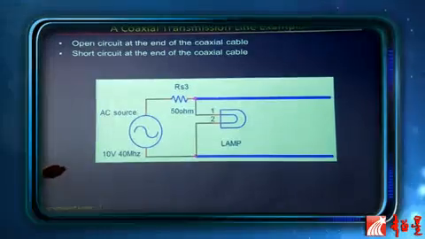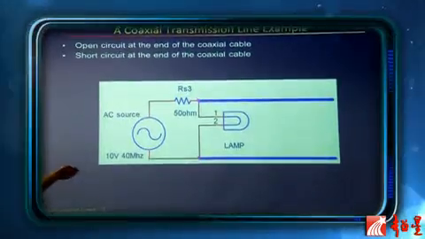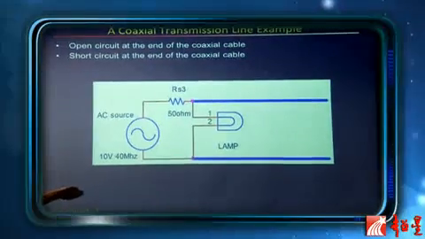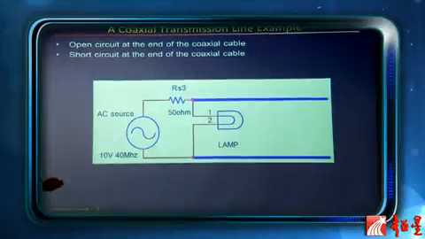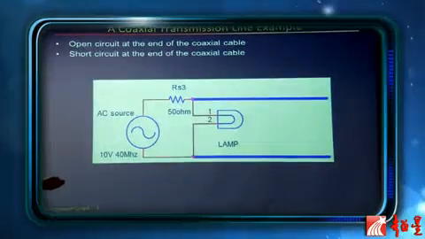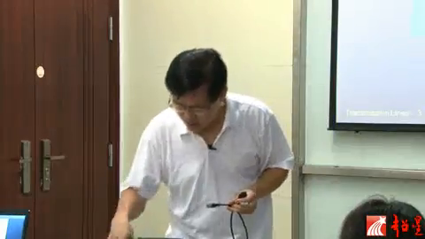It's an open circuit, right? This end is open. There are two wires. One is in the middle, that's this wire. The other is a shield, which is this wire. And it's connected in parallel with this light bulb. What's going to happen to this light? That's the question.